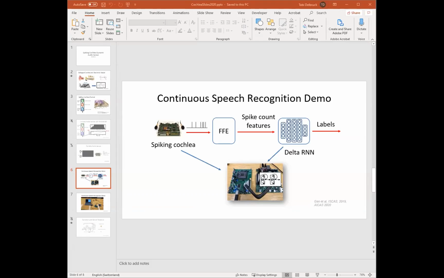So what we did was we took the output of the cochlea and fed it to a stage that creates spike count features. Then we drove a recurrent neural network with the spikes and trained this network to do continuous speech recognition. In this case, it's continuous digits like 0, 1, 2, 3, 4, 5, 6, 7, 8, 9, and 0.